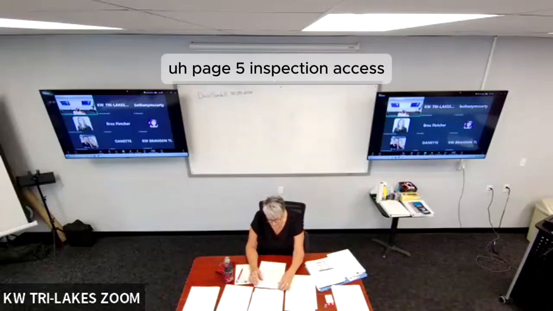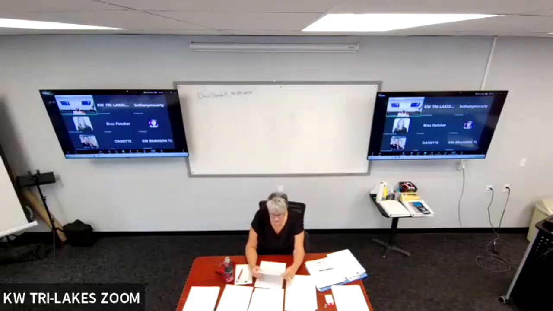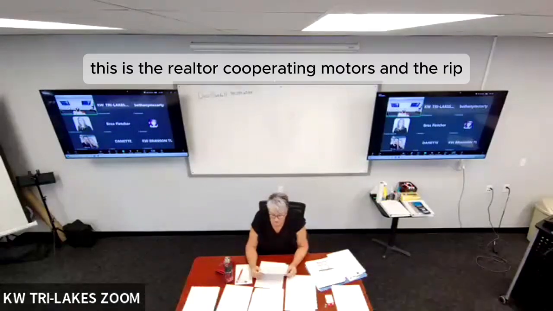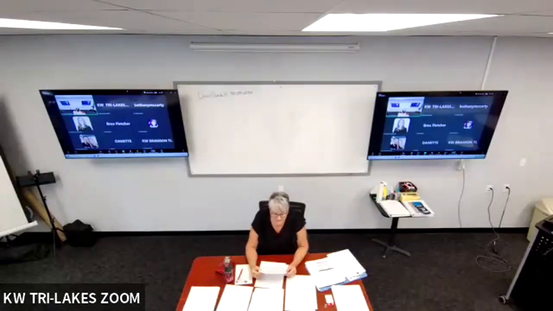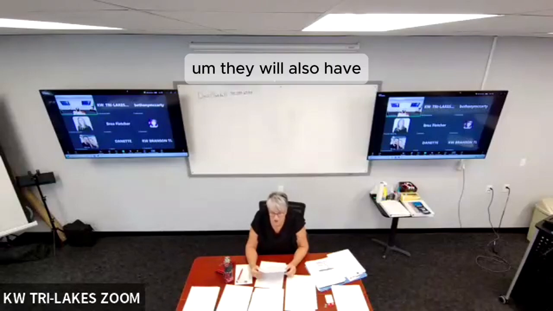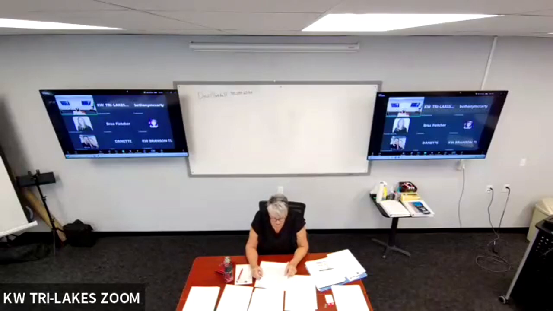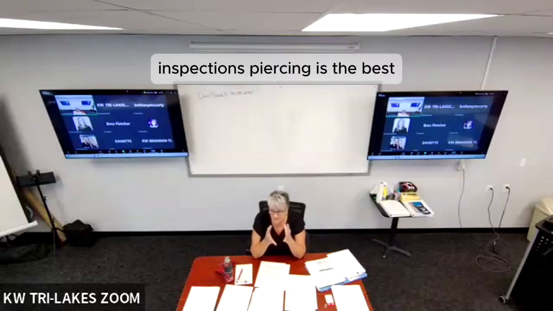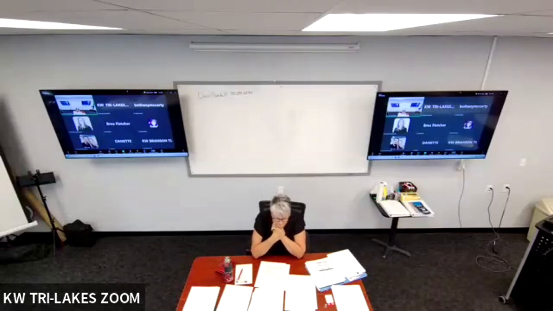Page 5, inspection access. The owner authorizes the realtor, cooperating brokers and their representative licensees to show the property. They will also have the utilities turned on and let the buyer have access for any inspections he sees necessary.